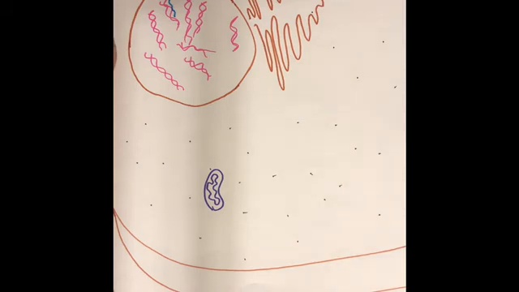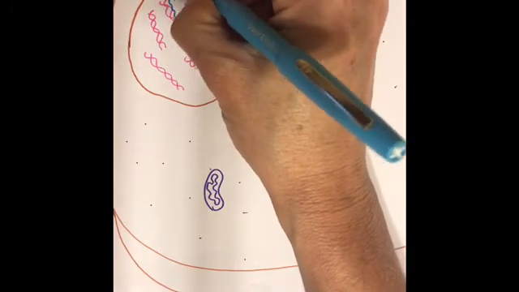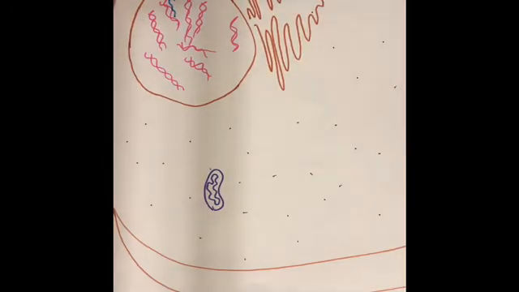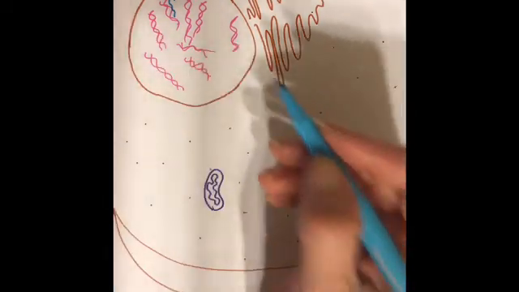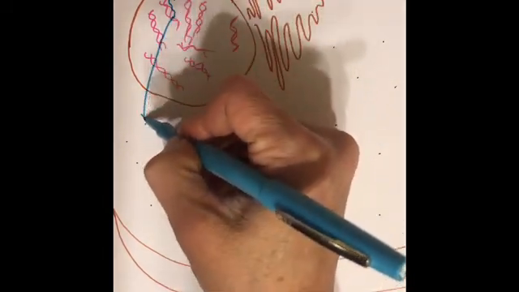So we might transcribe and make a message or messenger RNA from this particular stretch of DNA. So this is our messenger RNA, and that messenger RNA will leave the DNA through one of the pores. So we'll take it out through maybe that pore right there.